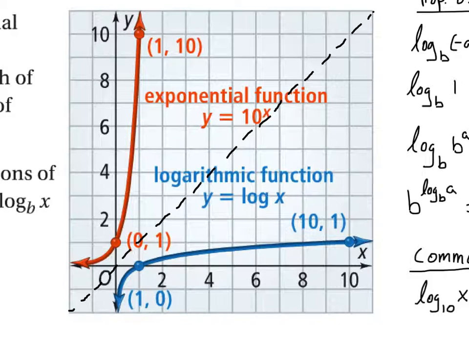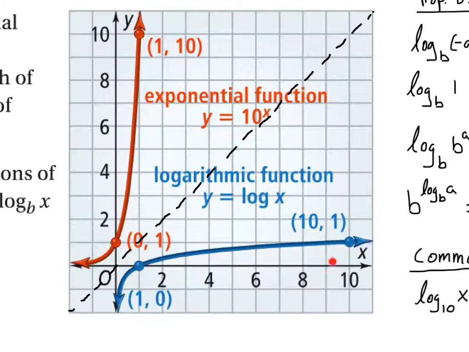Same thing goes for the asymptotes. The asymptote for an exponential function is at the x-axis. So looking here, this little part going from the negative side of the x-axis to the origin, if I were to fold that over my reflecting line, it would reflect down here, right? Same thing goes for the positive side of my x-axis.